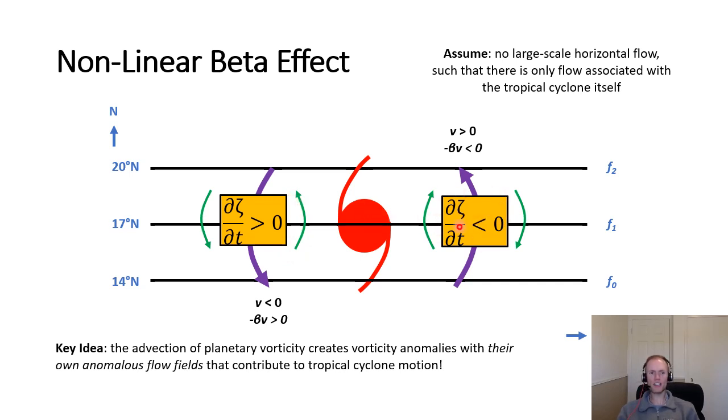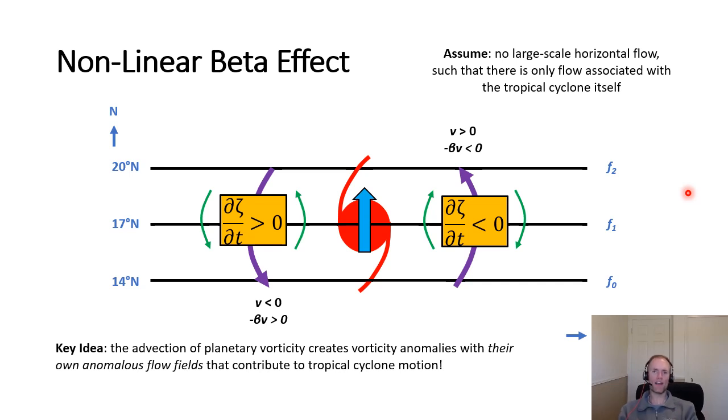Conversely, to the east, this anticyclonic vorticity tendency or negative vorticity tendency here is associated with anomalous anticyclonic or clockwise flow here to the east. So between these two, we have flow directed from south to north. And so this flow is going to go across the cyclone and try to push it toward the north. And that's where we get this blue arrow here.